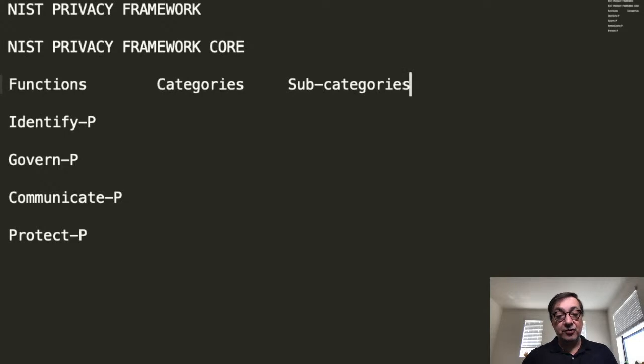Categories are essentially subdivisions of a function, divided into groups of privacy outcomes that are closely tied to programmatic needs and particular activities. And subcategories further divide a category into specific outcomes of technical or management activities.